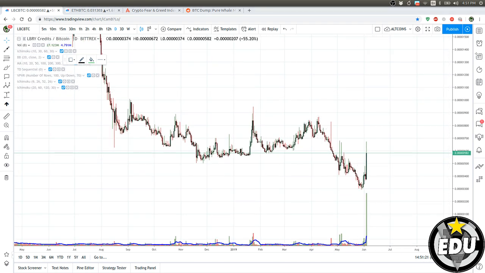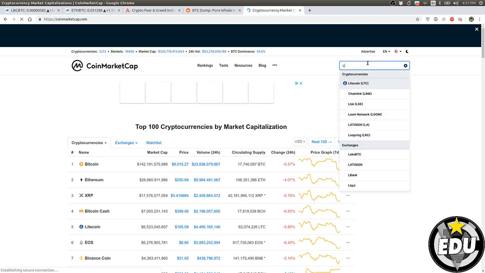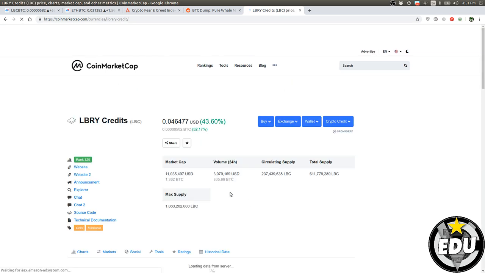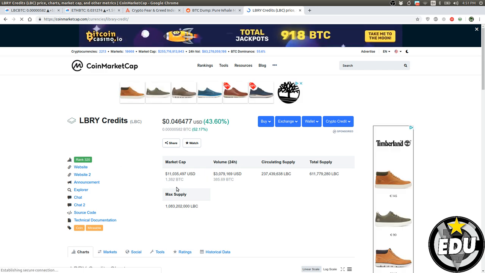So of course it goes up so quick. Even Linda coin went up so high. At 3 million in volume, it's not terrible. I thought it was way lower.